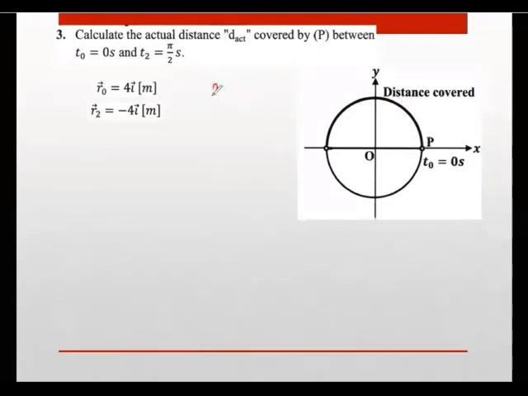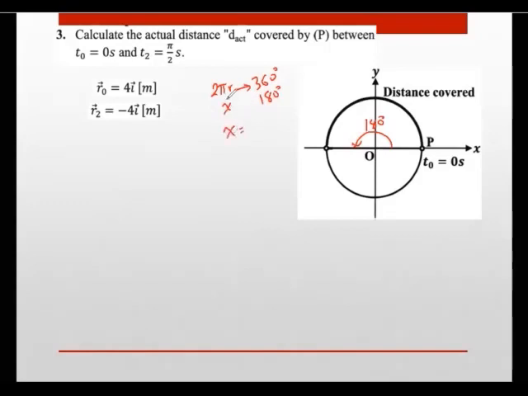The perimeter of the total circle is 2 pi r. Okay, this is the total circle, 360 degrees. But what about this section, which is only 180? I will place 180 here and make a cross multiplication, and this is the distance x.